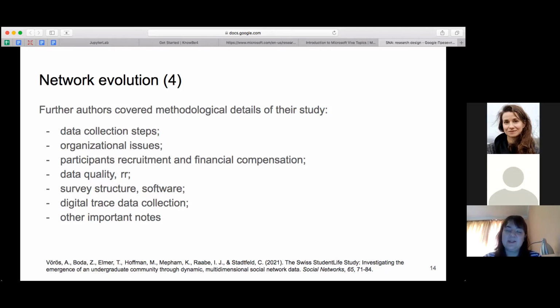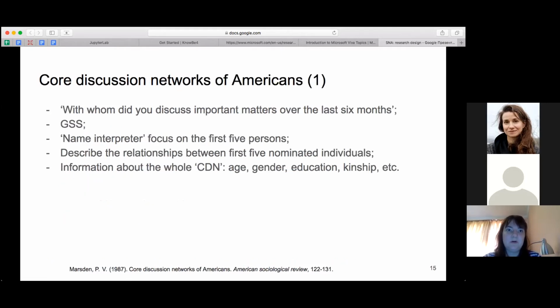This is actually the problem of social network studies, because we usually concentrate on one particular network. But some approaches allow us to study larger populations, and one of these approaches is the core discussion network.